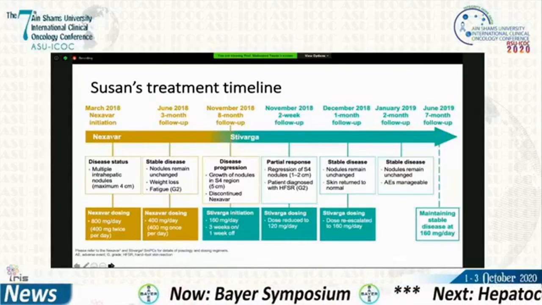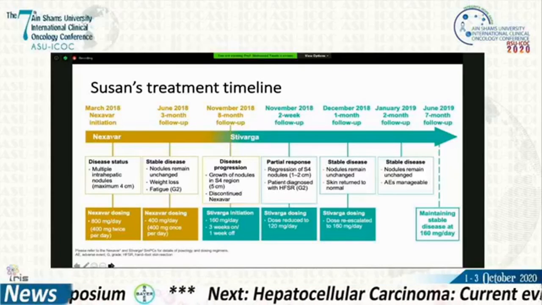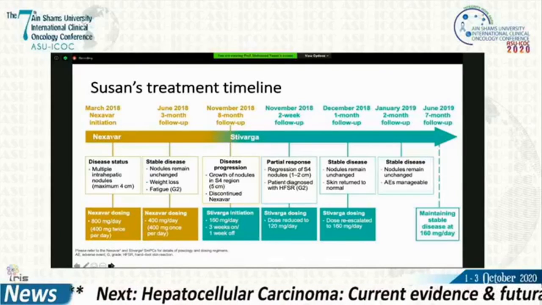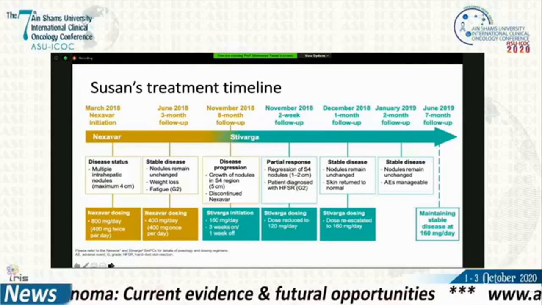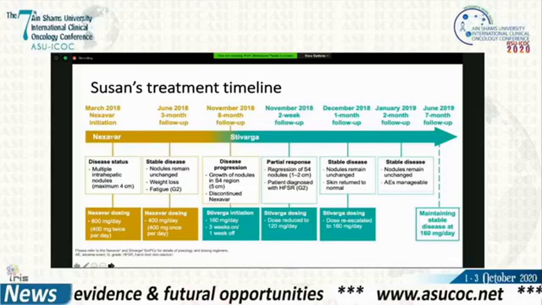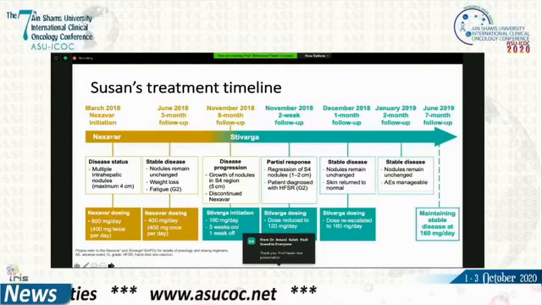The patient achieved a partial response with some toxicity, so we had to reduce the Stivarga dose to 120 milligrams, and then stable disease, and then we re-escalated the dose to 160 milligrams again, and the patient remained on stable disease till June 2019.